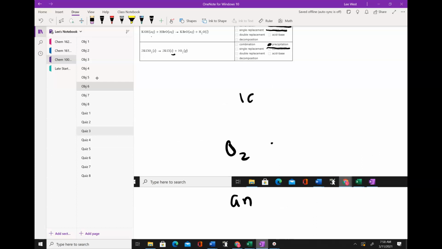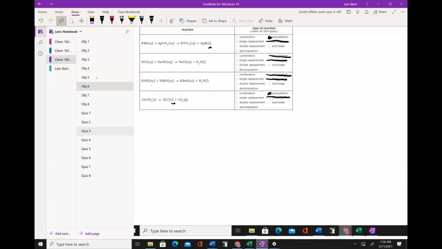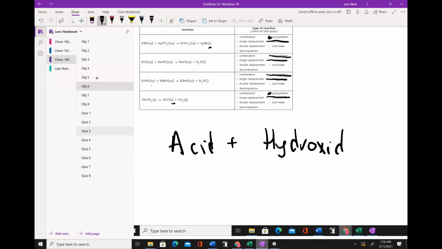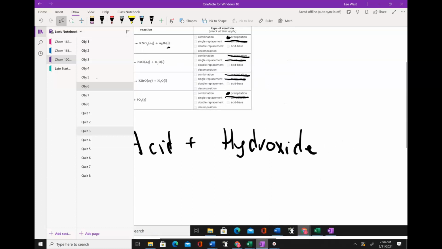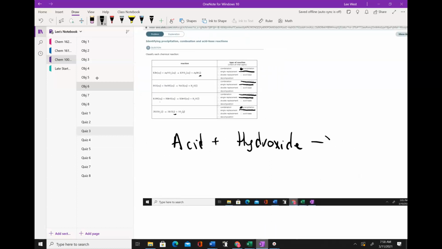Alright, and then now the final new category we haven't seen previously in this video is acid-base. In an acid-base reaction, an acid reacts with a metal hydroxide to form an ionic compound and water. So we're looking for an acid plus a hydroxide, and it's going to form an ionic compound and water.